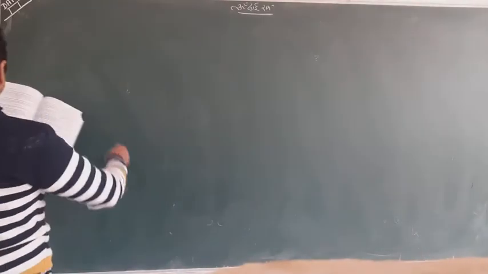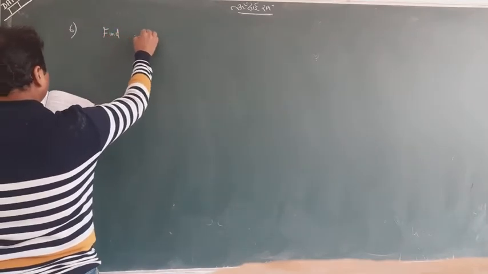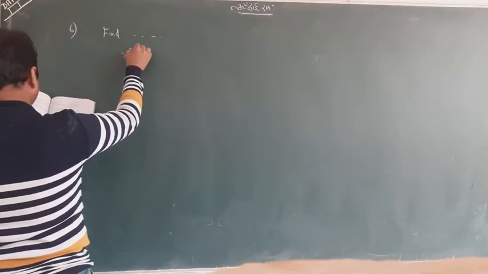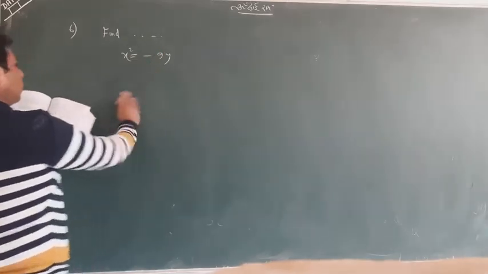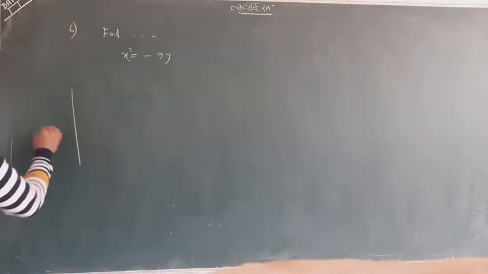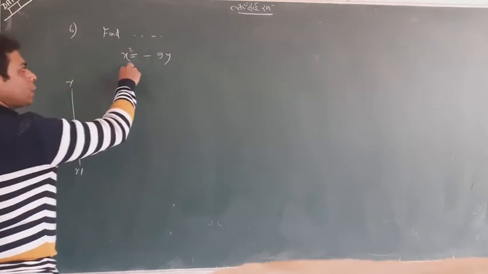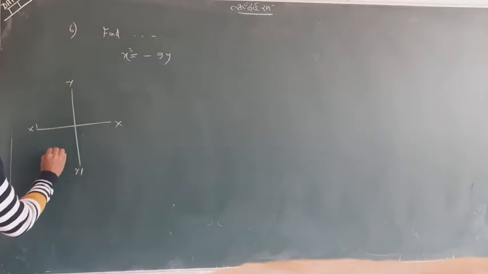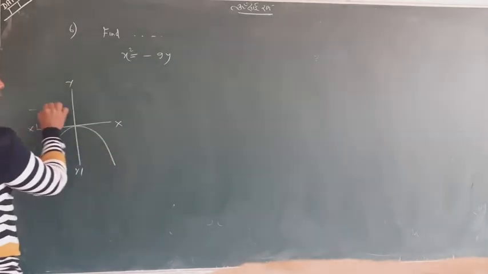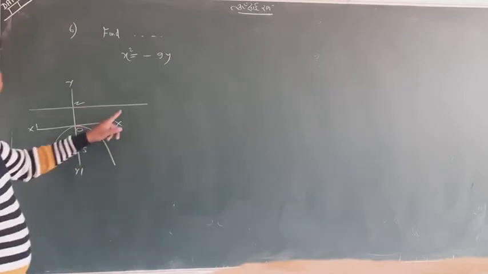Now all questions are the same, but I will tell you one more question, the 6th one. Find everything for x square equal to minus 9y. First of all, this is just like the picture I am showing: x square equal to minus 4ay opens downward, and this is the directrix.